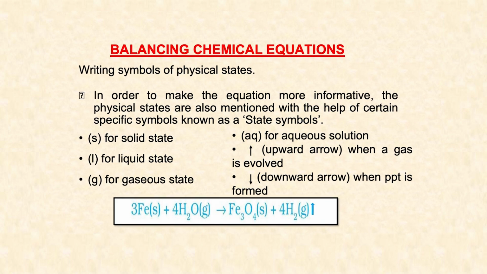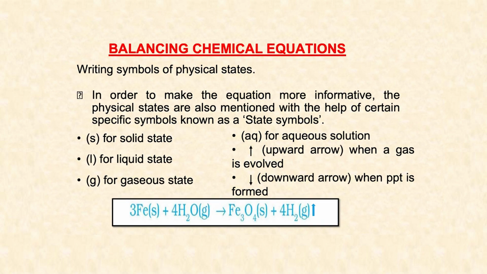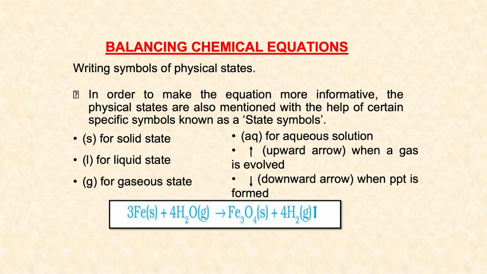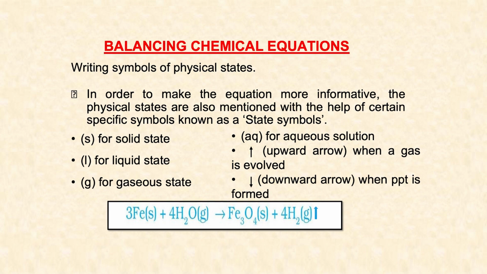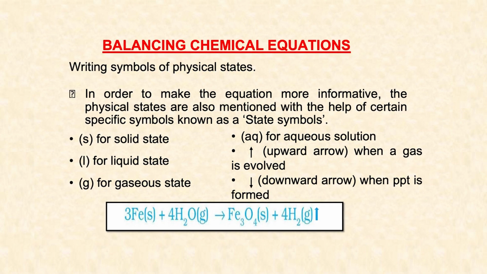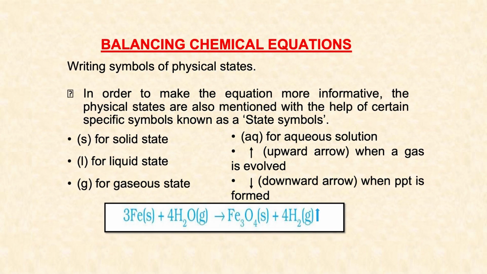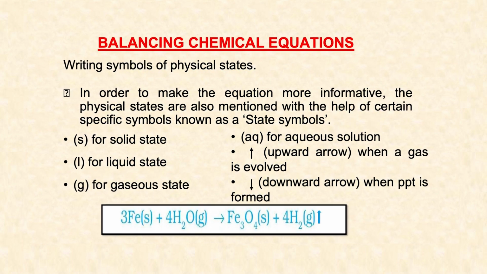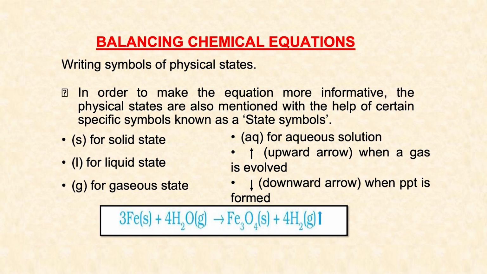Small letter s within the brackets for solid state. Small letter l within the brackets for liquid state. Similarly, small letter g within the bracket for gaseous state. For an aqueous solution, small letters aq within brackets are written.